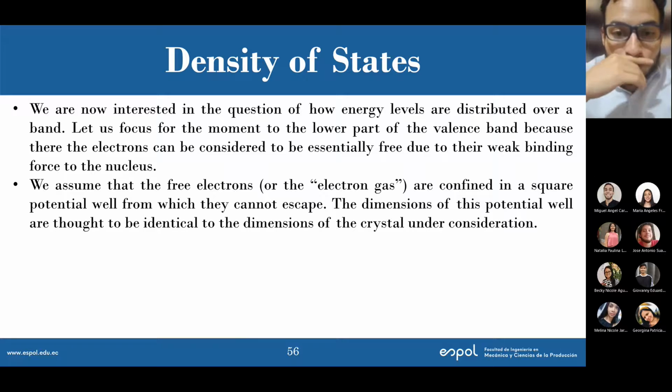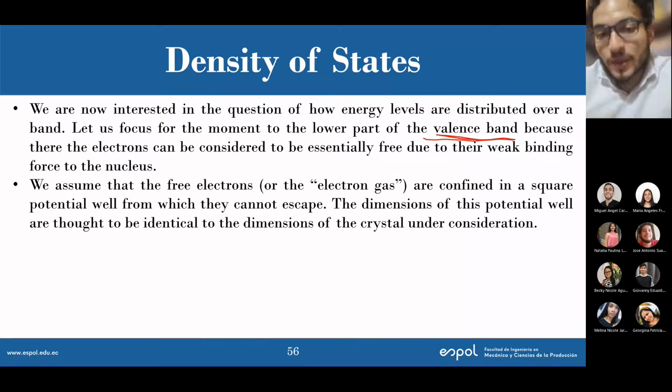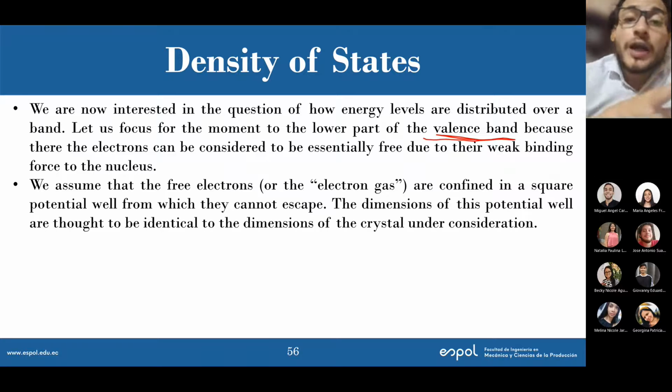And let's actually focus, and now we're going to start using this term, valence band. We'll see later in more detail what the valence band is and what the conduction band is, okay? Why are we using the valence band? Because the electrons there are free.